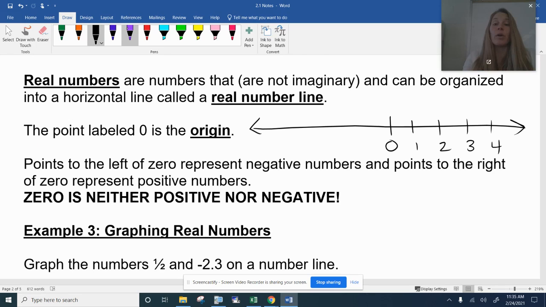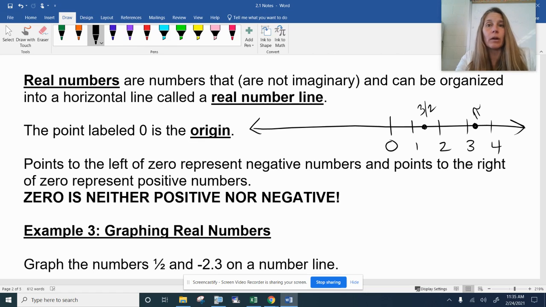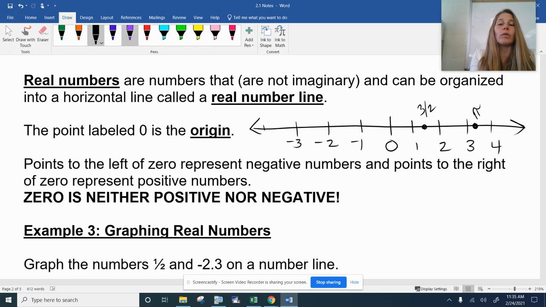So, for example, the number pi, which is 3.14, I could put a spot on my number line for that. Or the fraction 3/2, or 1.5, I could put a spot on my number line for that. And then, of course, on the left-hand side of the 0, you would just continue on with all of your negative values like that.